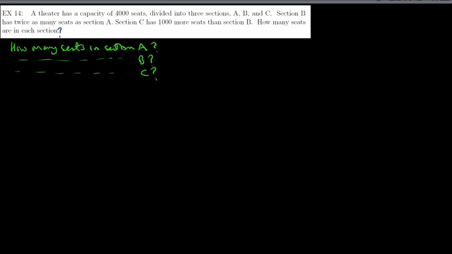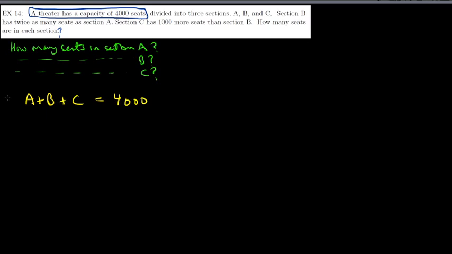Let's read this carefully, because every statement has a clue here. Every one of these sentences has a clue. The first sentence says a theater has a capacity of 4,000 seats. So if there's only 3 sections, then when you add up section A, section B, section C, we get 4,000 seats.